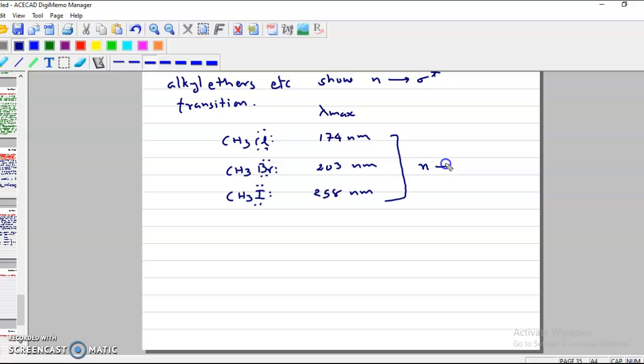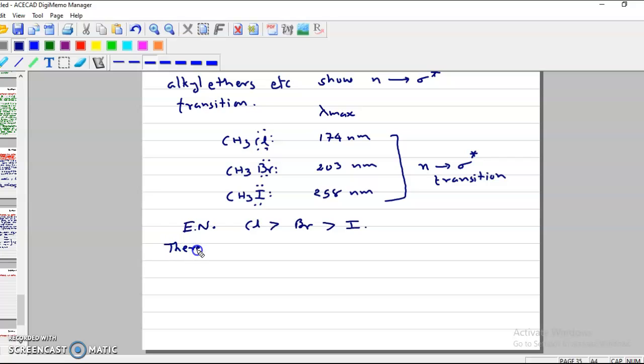These all show n to sigma star transition, in which lone pair of electron of halogen will transfer to sigma star orbital of the molecule. Okay, and here electronegativity of chlorine is greater than bromine is greater than iodine.